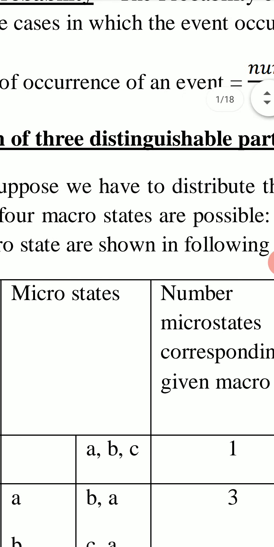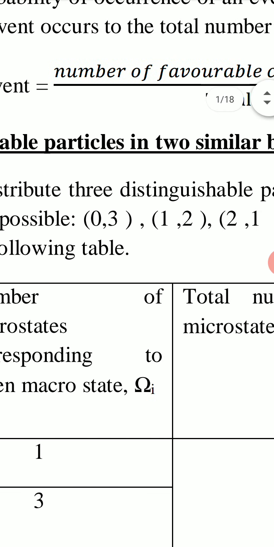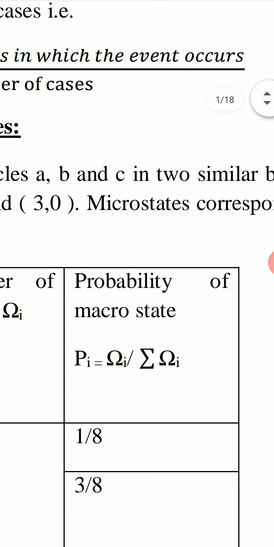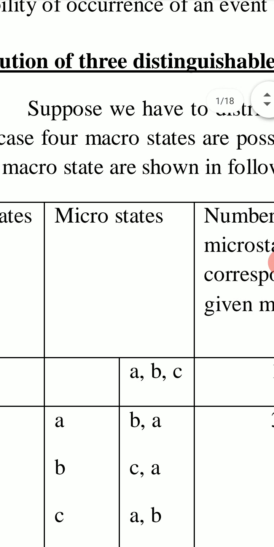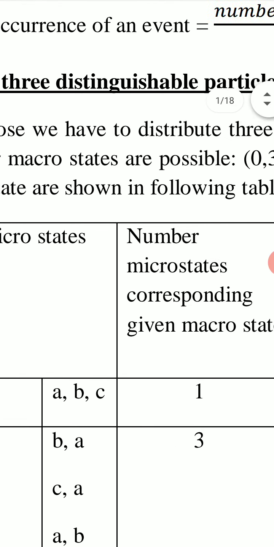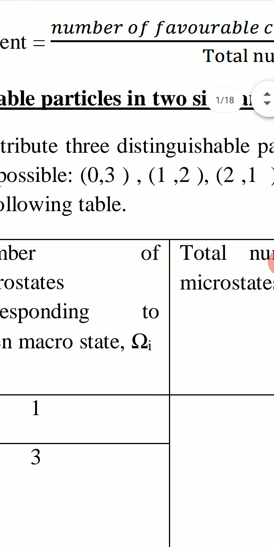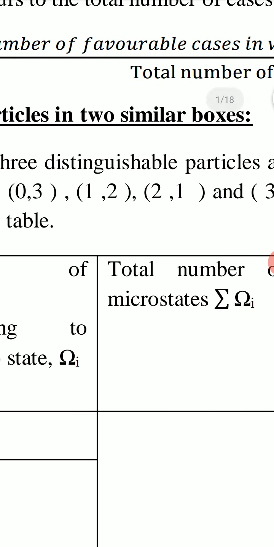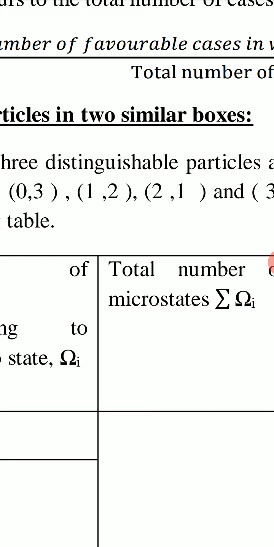Now, if we have to distribute 3 distinguishable particles A, B and C in 2 similar boxes, in this case there are 4 macrostates. There are 4 ways in which we can distribute these 3 distinguishable particles in 2 similar boxes.